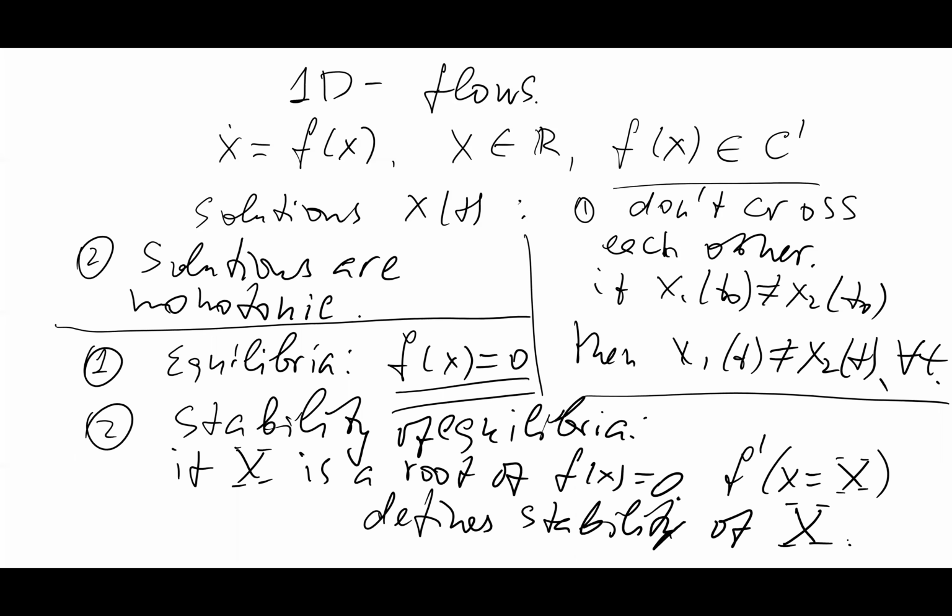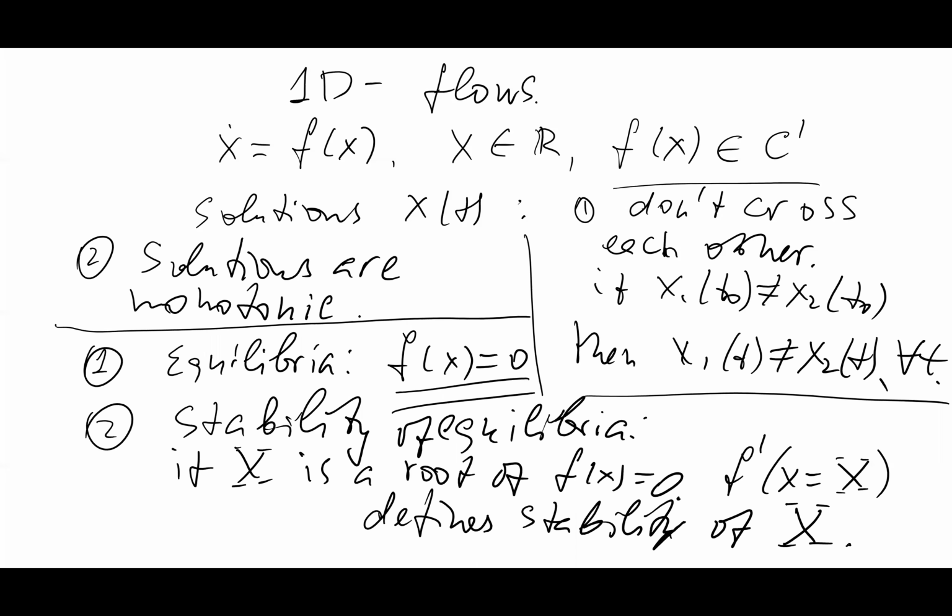So if the derivative is positive, x capital is an unstable equilibrium, and if the derivative of f is negative, then it's stable. And therefore we can identify domains of attraction for all stable equilibria, and generally we can conclude on dynamics in the system depending on initial conditions.